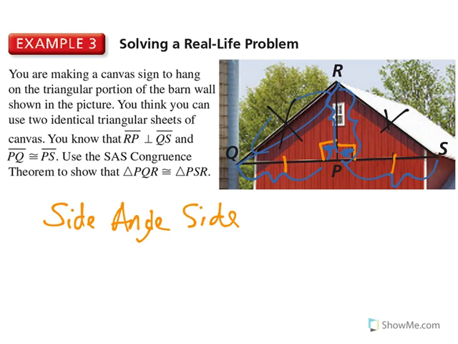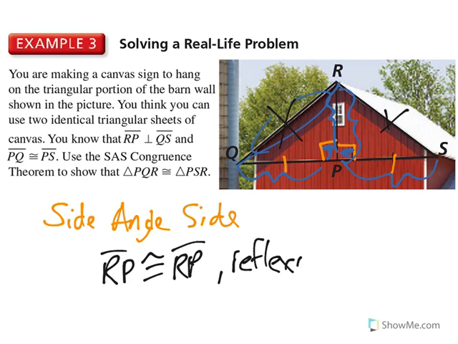RP is the same on both triangles, so once again, like we did in our problem earlier, RP is going to be congruent with RP because it's the same exact side. Our reason for this would just be the reflexive property again. So based on the reflexive property, we can agree that triangle PQR is congruent with triangle PSR because of the SAS congruence theorem.